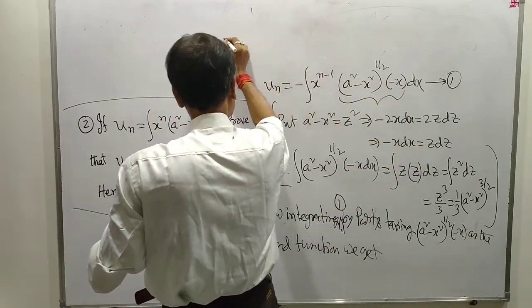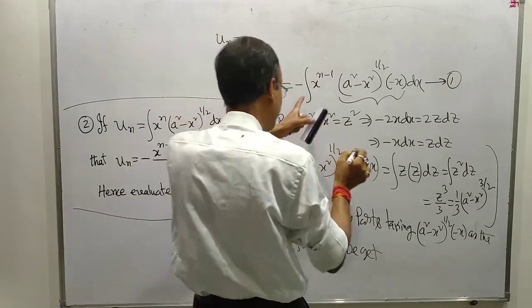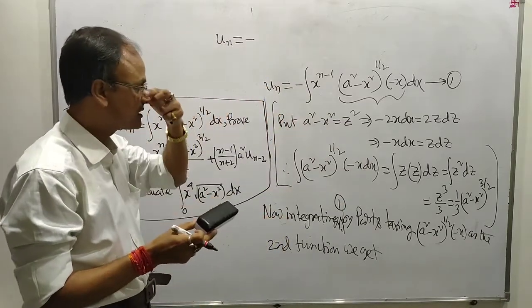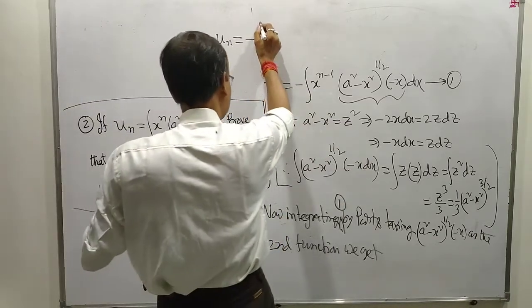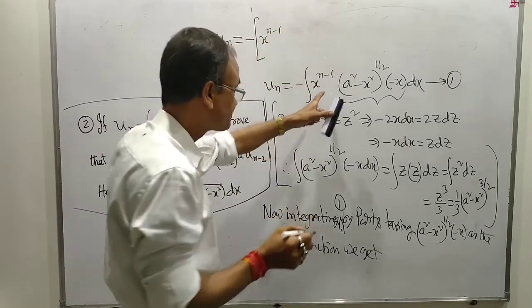Un equal to, you will get un equal to minus sign is already there, minus. First function x to the power n minus 1.